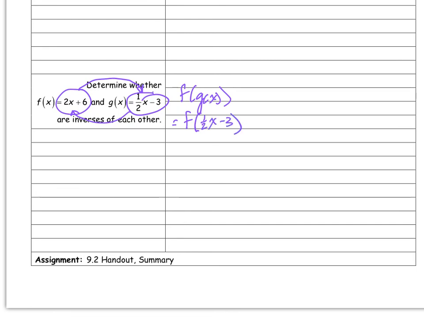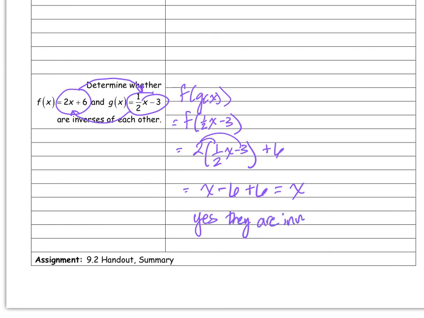So in f, wherever there's an x, I've got 2 times 1/2 x minus 3 plus 6. So now I distribute. So what is half of 2? Well, that's 1x. And 2 times negative 3 is negative 6, plus 6. That equals x. So, yes, they are inverses of each other.